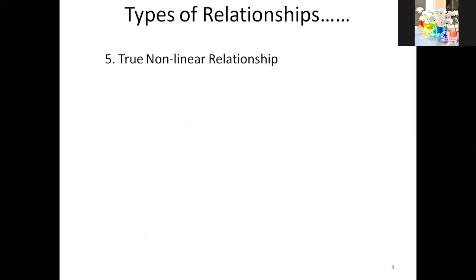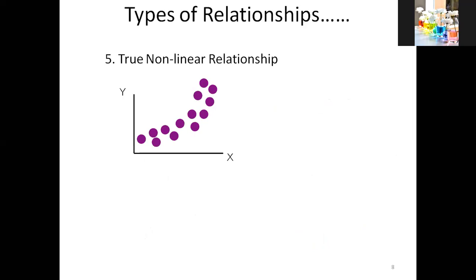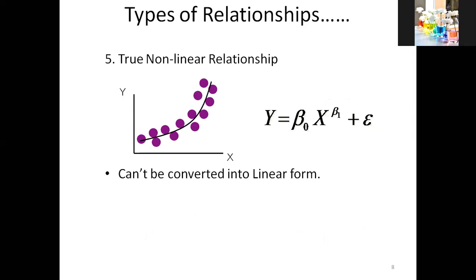The last one is called the true nonlinear relationship. The earlier one is the intrinsically linear relationship, which is originally nonlinear but that we can convert. But here, with a true nonlinear relationship, we cannot convert this into a linear form, where y is equal to beta naught x to the power beta 1 plus e.